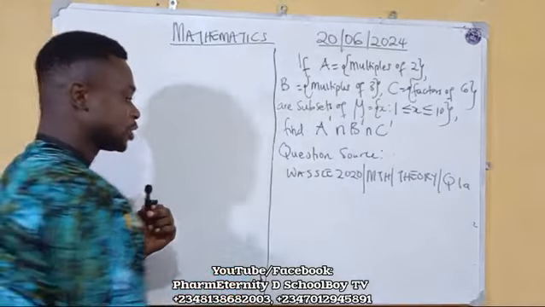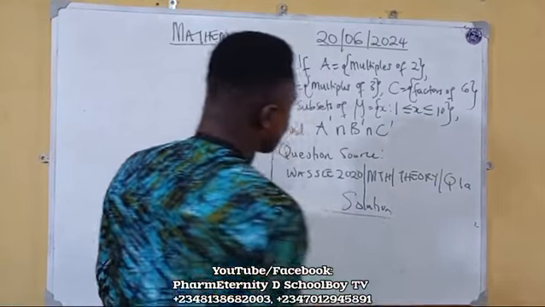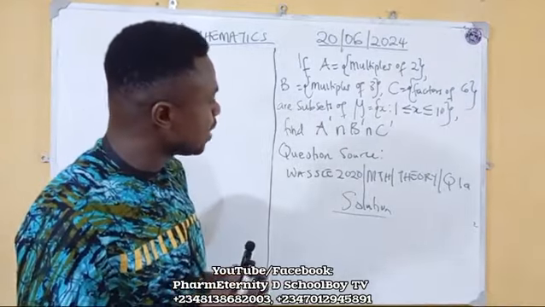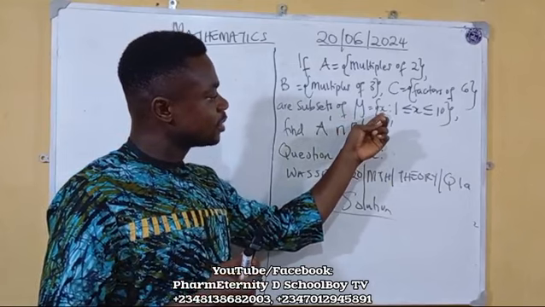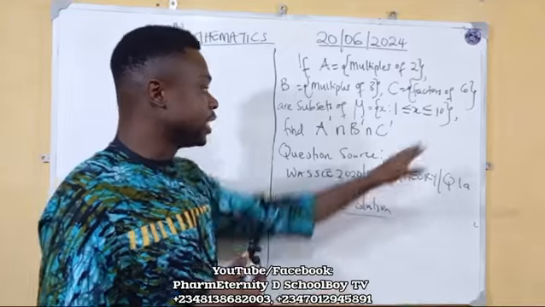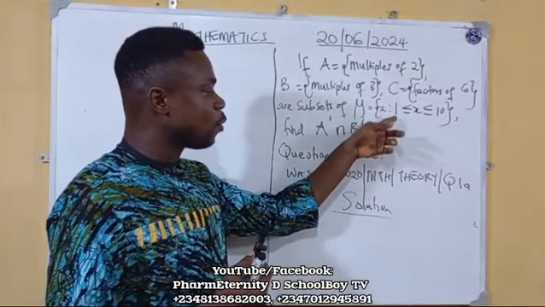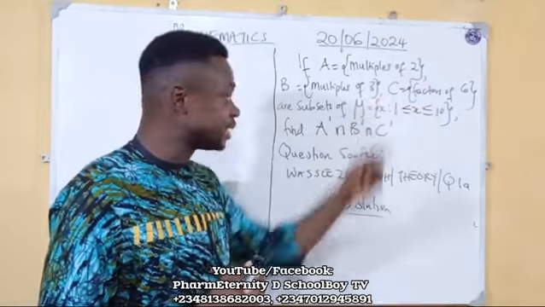So let's solve this question. Solution. First of all, I want to start by listing the content of the universal set with this definition here, that X is such that 1 is less than or equal to X, which is less than or equal to 10.